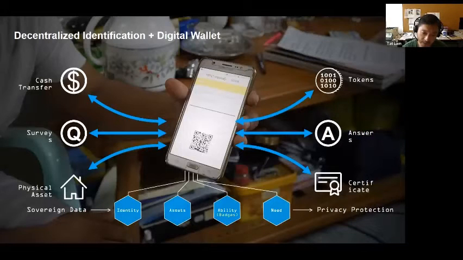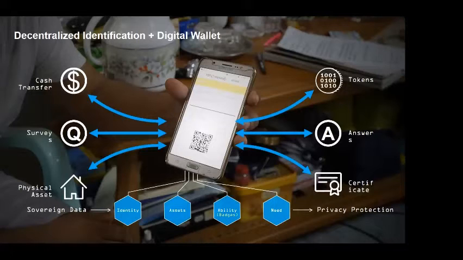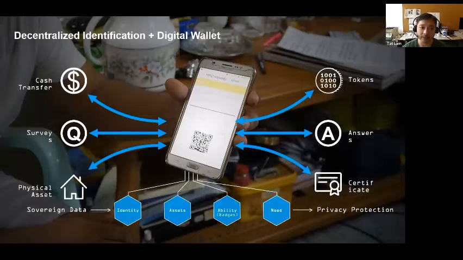Starting from the front line, something we really try to push is what we call decentralized identity, decentralized identification, or a digital wallet. You can think about it like in an analog space, where everybody has a wallet with cash, credit cards, and an ID, a lot of stuff to prove who you are.